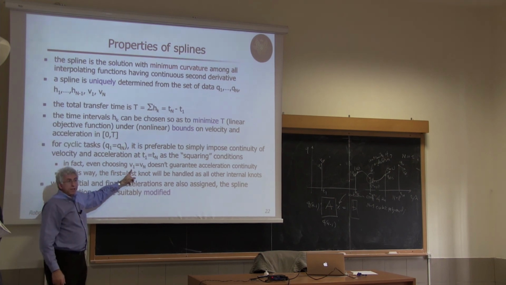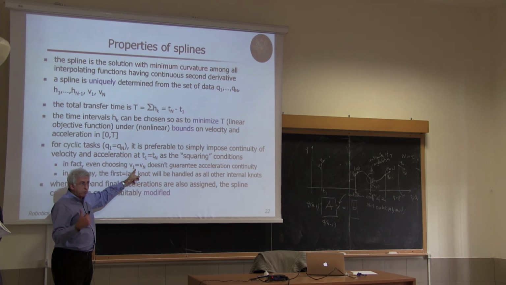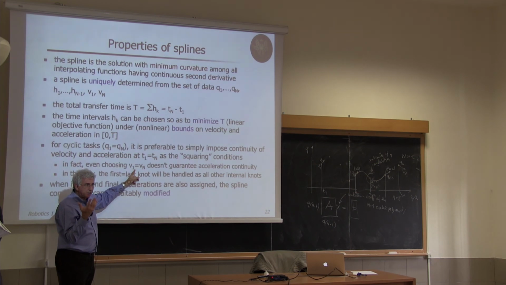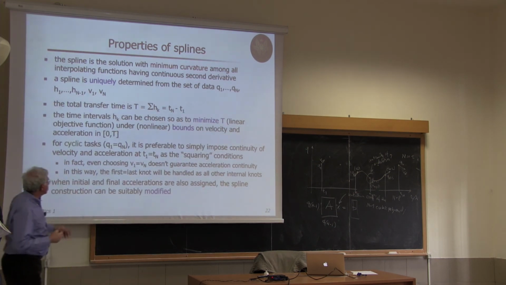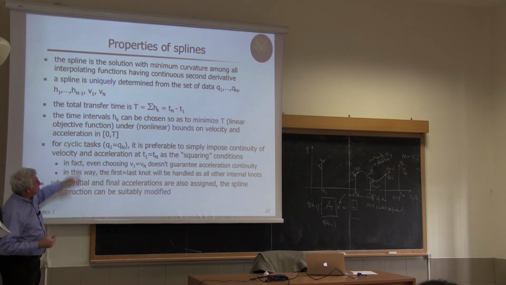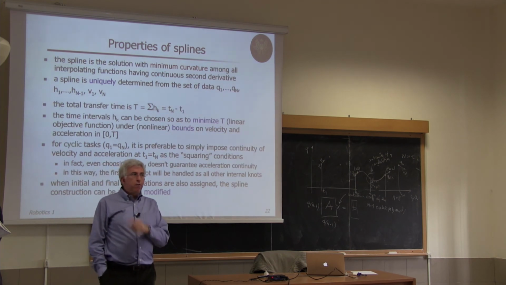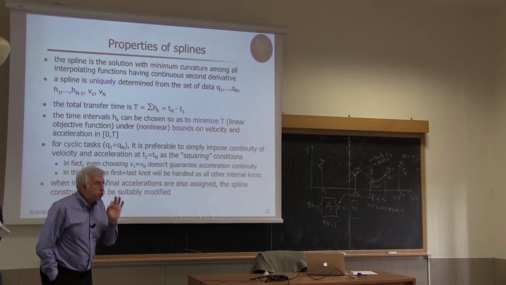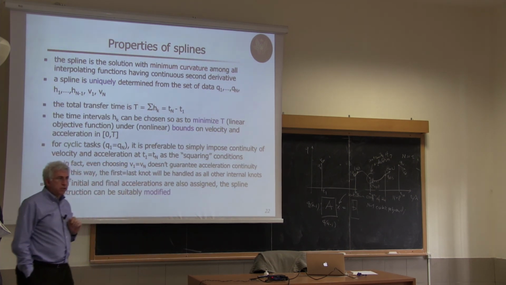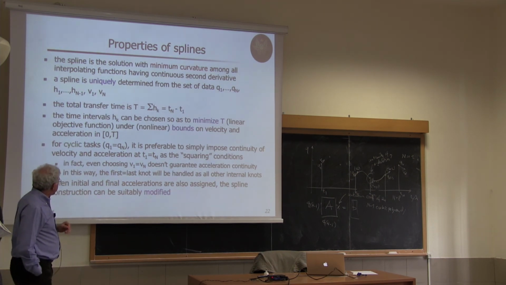Well, you may say, okay, I'm continuous, so Q1 is equal to Qn, I impose that V1 is equal to Vn. But again, at that point, you're not imposing continuity of acceleration. So the two extra conditions are obtained by imposing continuity of velocity and acceleration, but not a specific value of velocity at the initial and final point. Okay, so this is the difference.